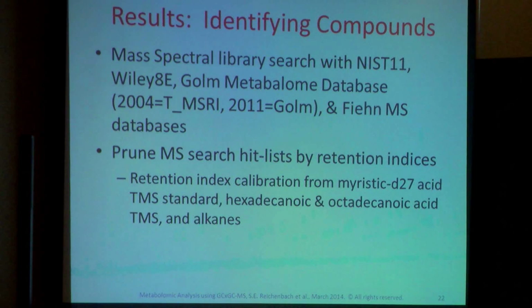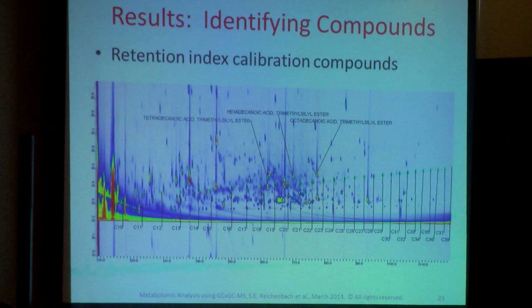When I first got into this as a computer scientist, it was explained to me you just match the spectrum against the library, and that would give you the chemical identification, but that claim is wildly inaccurate. Pruning the hit list by retention indices proves to be quite helpful, but there are still problems with compounds not being in the libraries, so it's not a straightforward task.